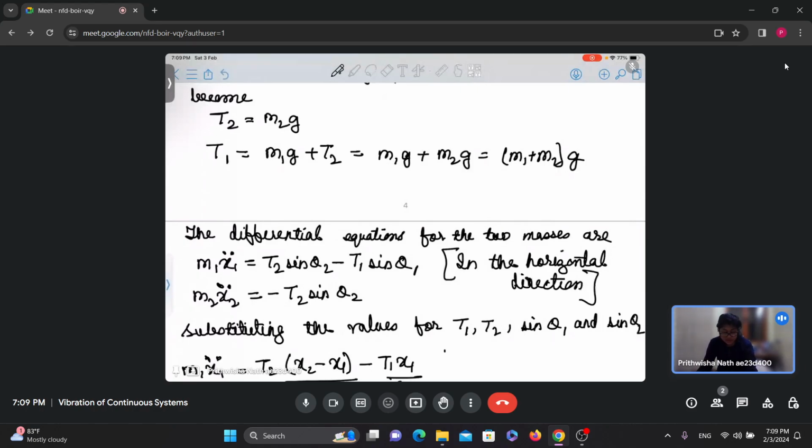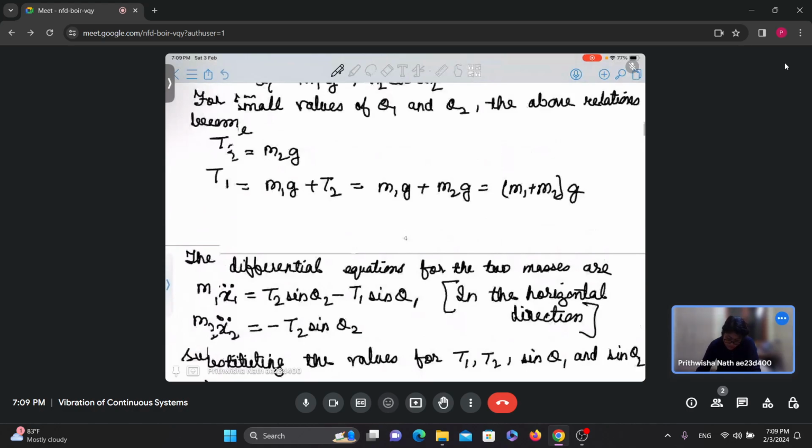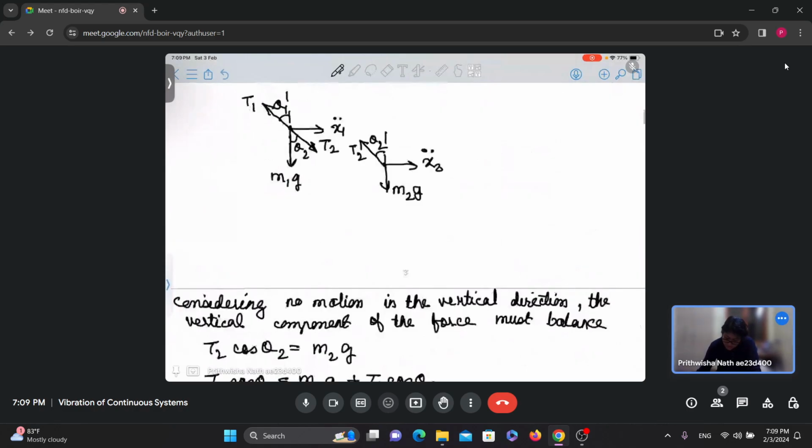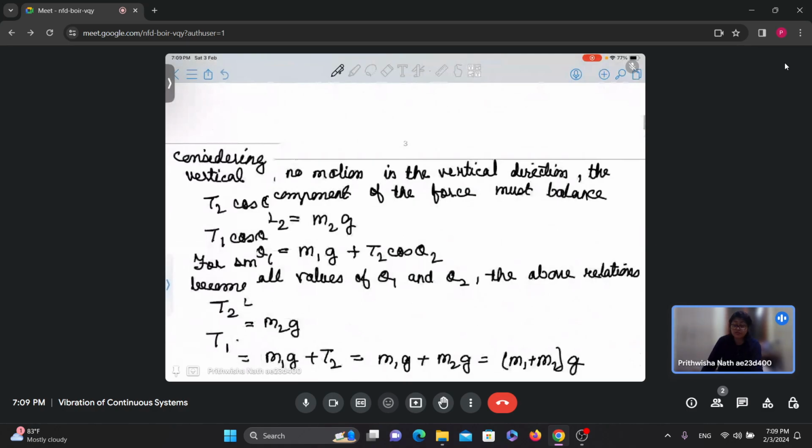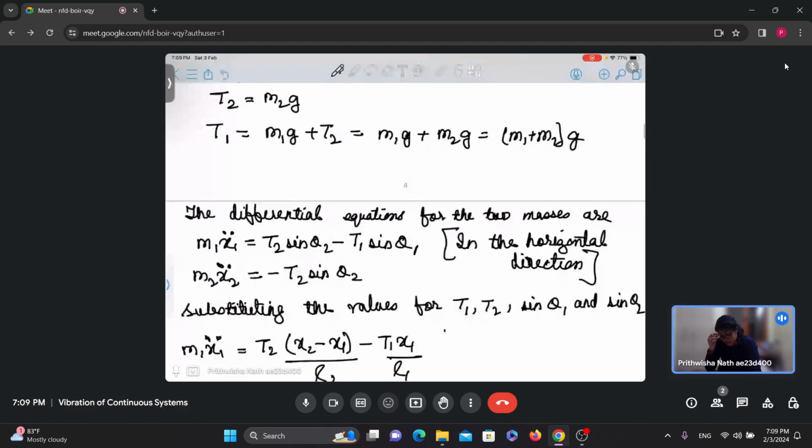So for the first mass, it is like T2 sin θ2, as can be seen from here, T2 sin θ2 minus T1 sin θ1 equals m1 into acceleration. Similarly for the second mass, minus T2 sin θ2, since it's acting towards the left, gives the mass into acceleration.